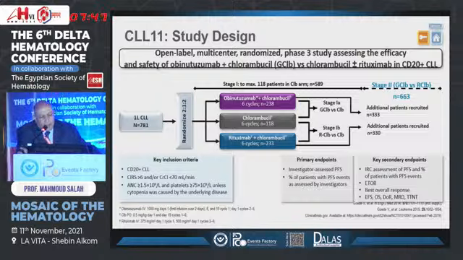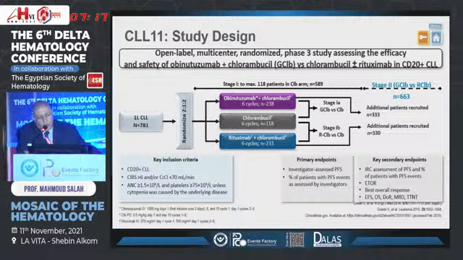The study design randomized patients into 3 arms: an arm receiving obinutuzumab plus chlorambucil, an arm receiving chlorambucil alone, and another arm receiving rituximab plus chlorambucil. Stage 1A compared obinutuzumab plus chlorambucil versus chlorambucil alone, and stage 1B compared rituximab plus chlorambucil versus chlorambucil alone.